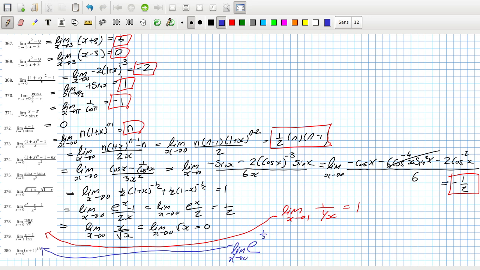So that's 1 over x log x plus 1. X goes to 0. So we could use L'Hopital, because that would be log 1 over 0. So derivative there is 1 over x plus 1. So that will be e.